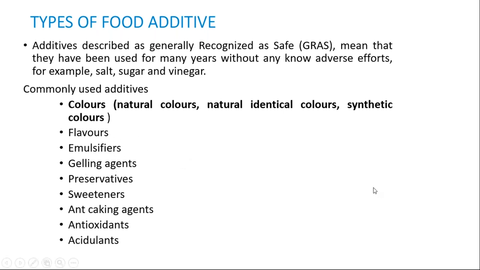Emulsifiers, especially when we are trying to mix water-soluble, water-immiscible products, gelling agents, preservatives to enhance the shelf life, sweeteners because we are trying to reduce the calorie intake, anti-caking agents when you want free flow powders, antioxidants to enhance the shelf life, especially when it contains large amounts of fats and oils, and acidulants again for organoleptic taste properties as well as to prevent the growth of microorganisms.